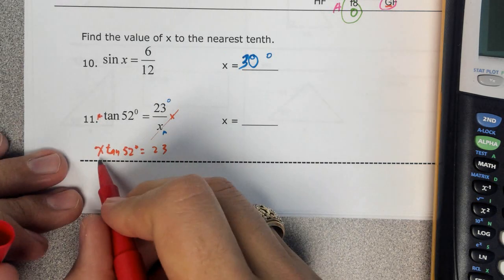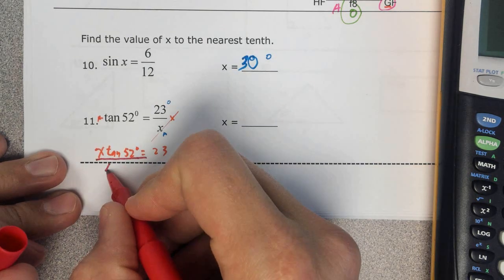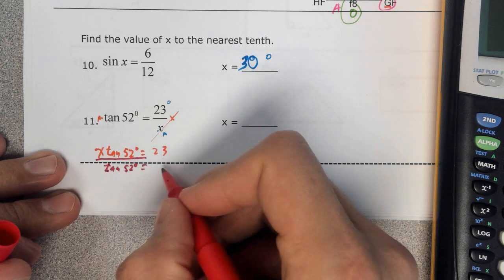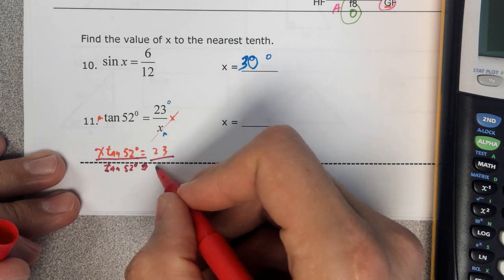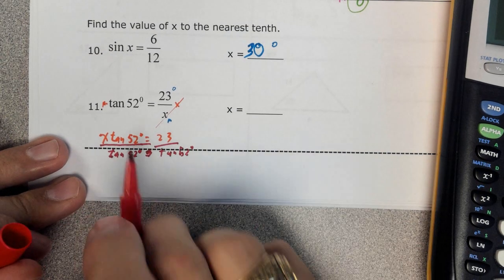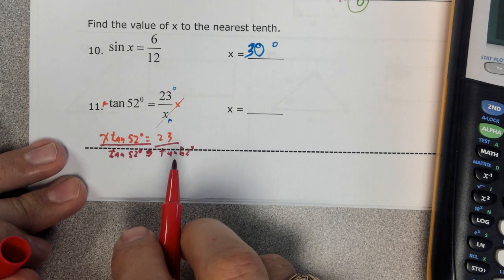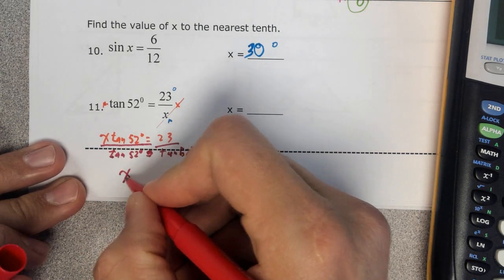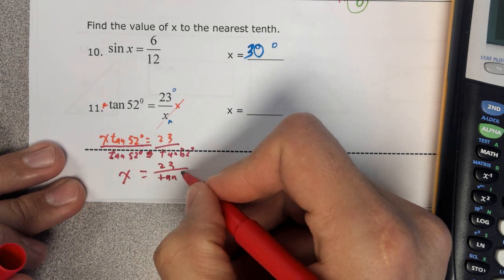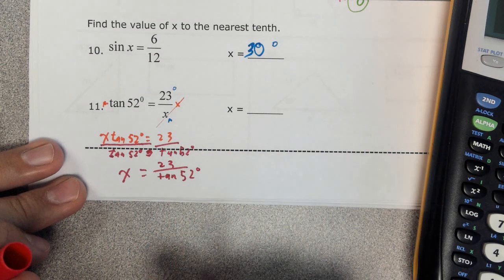Get rid of that tangent of 52 degrees. I have to divide both sides by tangent of 52 degrees, which leaves me just x is equal to 23 over tangent of 52 degrees.